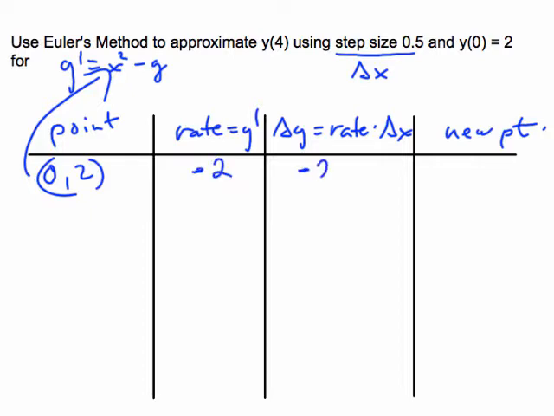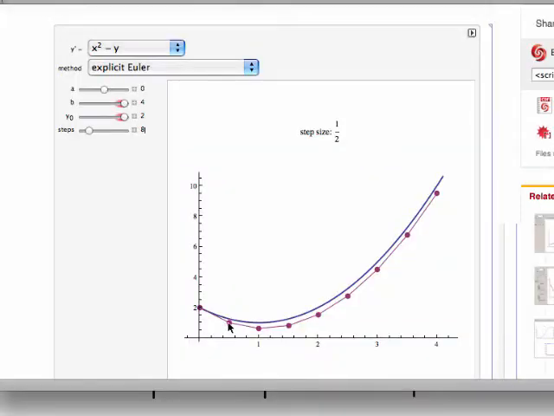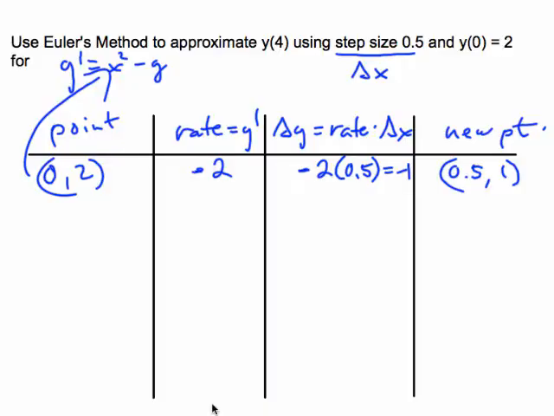We're following a slope of negative 2 for only half a unit, so my actual change in y is only negative 1. My original point (0, 2) has increased by half a unit to 0.5, and my y has gone down 1 unit from 2 to 1. So that's my estimate so far. First estimate right there, (0.5, 1). Looks correct on the animation.